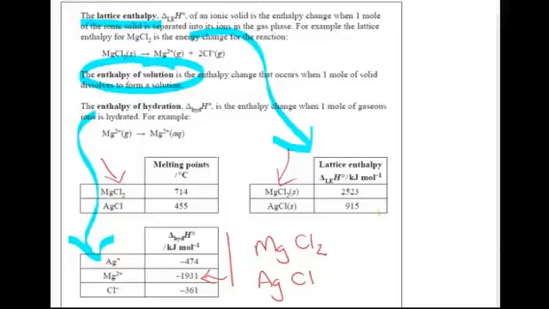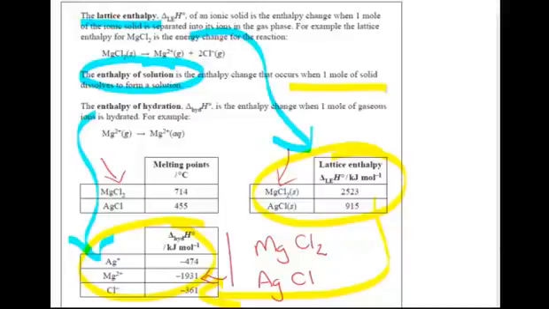This sounds like we're going from the solid to the ions here. So using these two bits of information, before we even get into discussing this, we could actually work out the data for the enthalpy of solution for silver chloride and magnesium chloride. And that's what we'll do first.